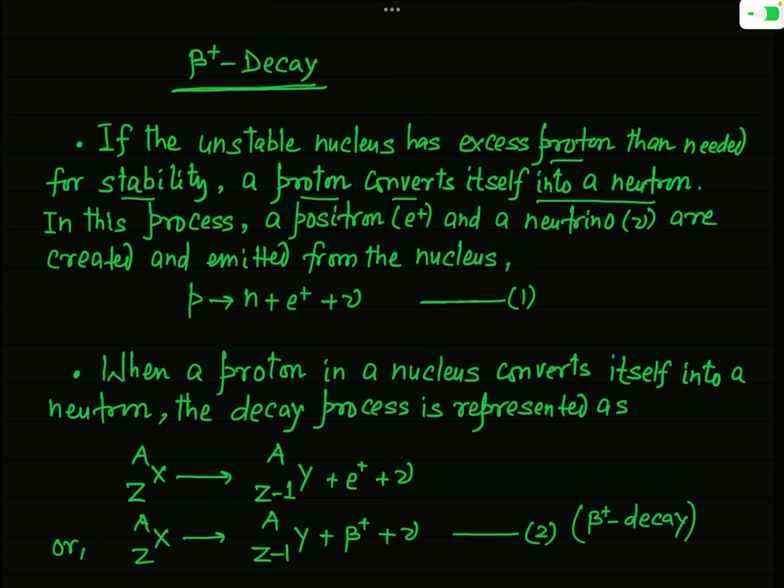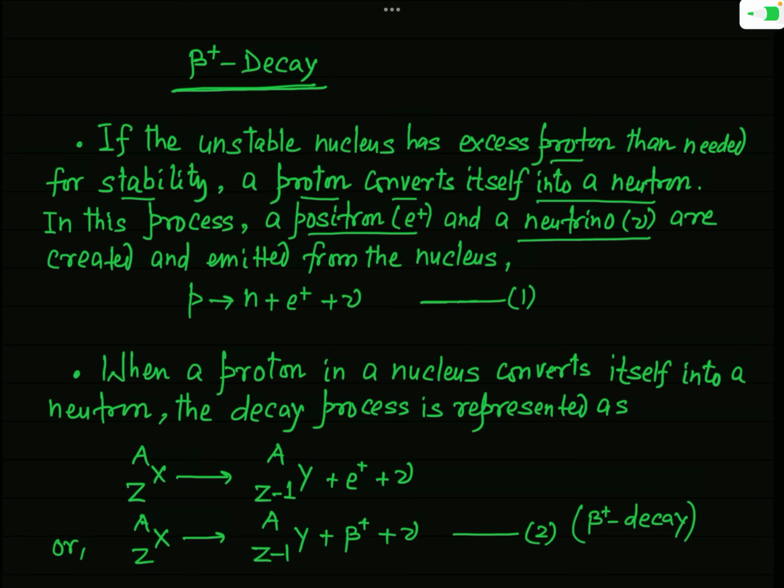But when a proton is converted into a neutron, in this process, two other particles are also created and emitted from the nucleus. And what are those two particles? The first one is called the positron, e plus, and the other is the neutrino, that is nu.